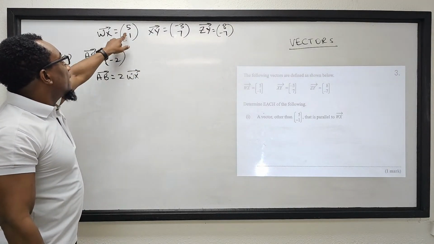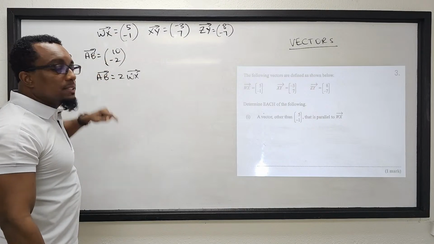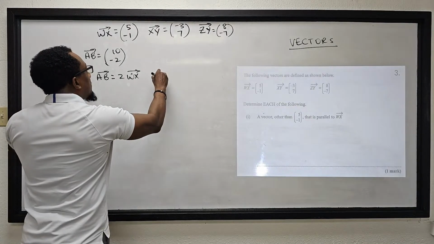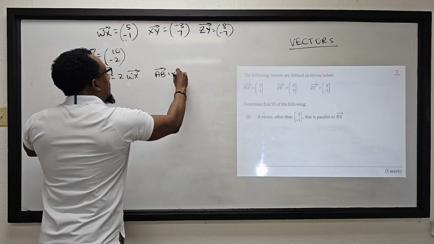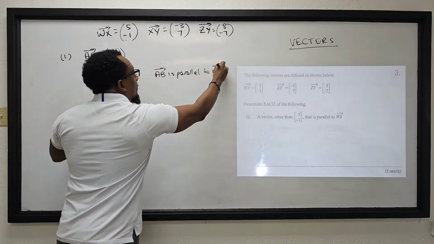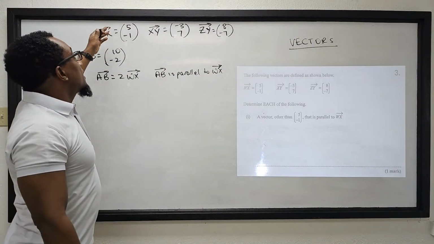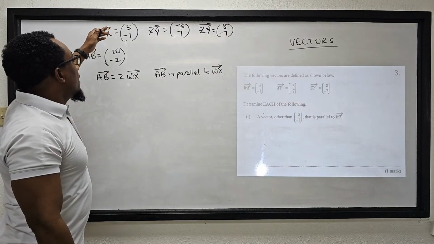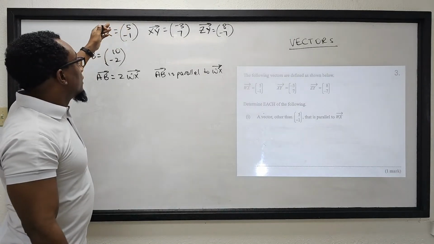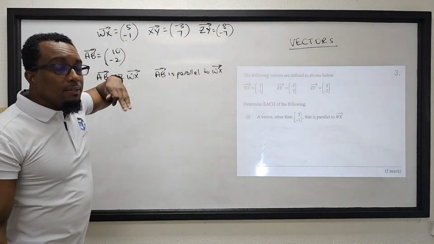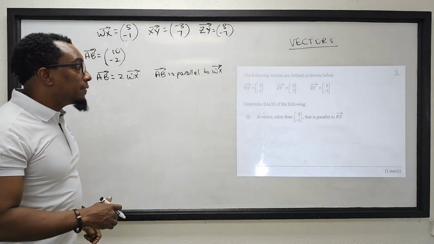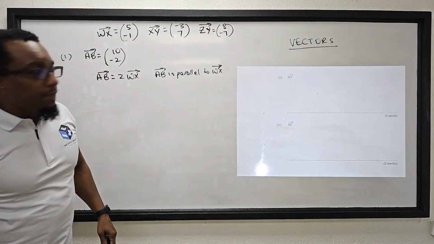Multiply vector Wx, 5, negative 1, by 2, and you get 10, negative 2, which is AB, which proves they are parallel. You can also use 15, negative 3, once there is a proportional relationship between the 2 vectors. That's part 1. Let's look at part 2.